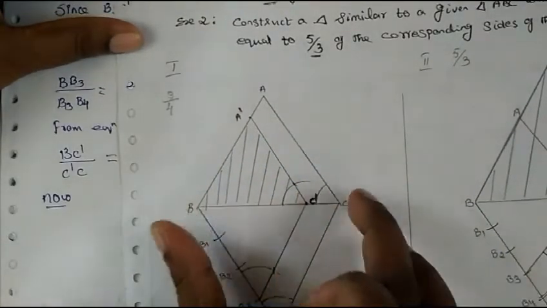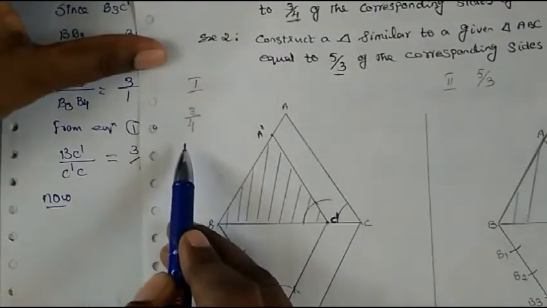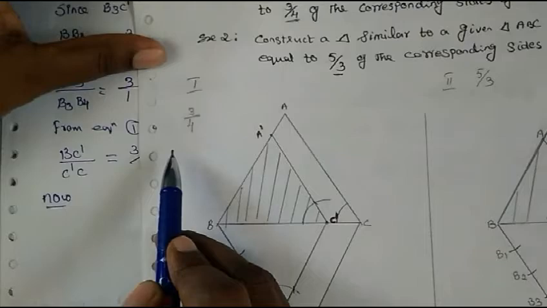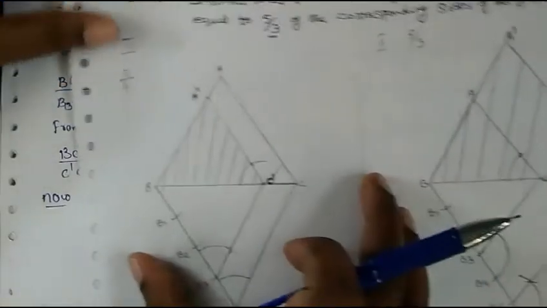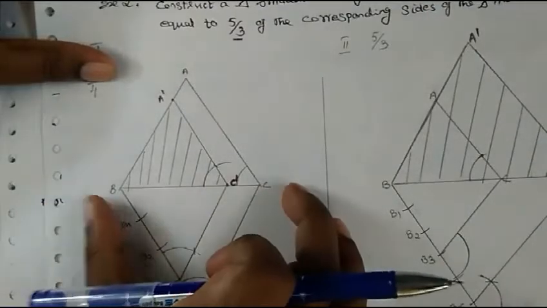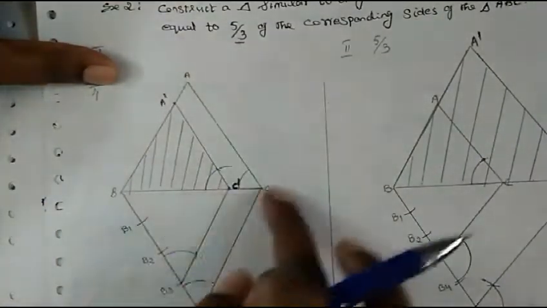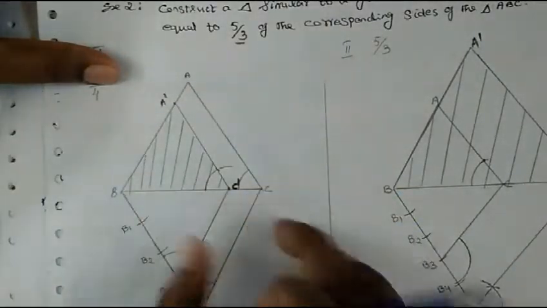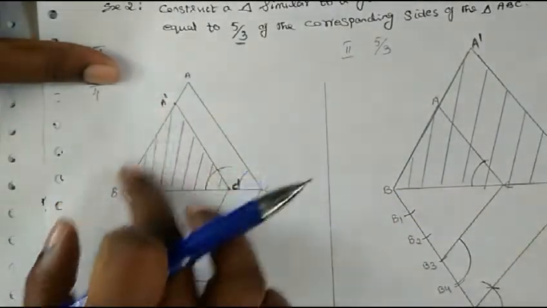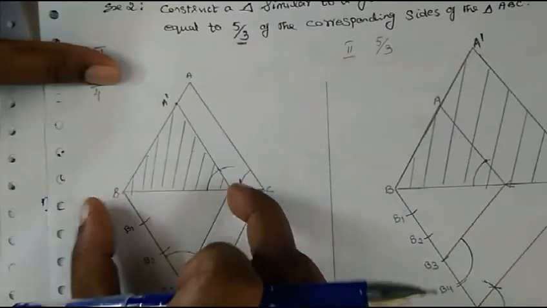So these two sides of these two triangles are in the ratio of 3 upon 4. That's what we have to prove. So what we will do, first we will take this side. Okay, so this big side, that is BC upon, so big triangle, right? For the big triangle this side is BC, and for the small triangle this side is BC dash.